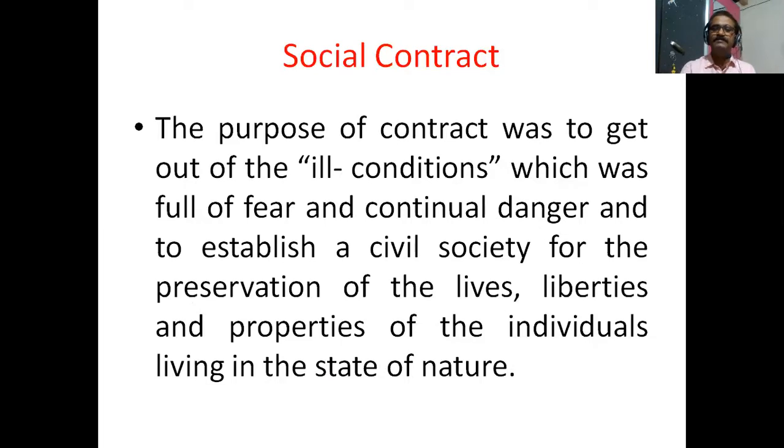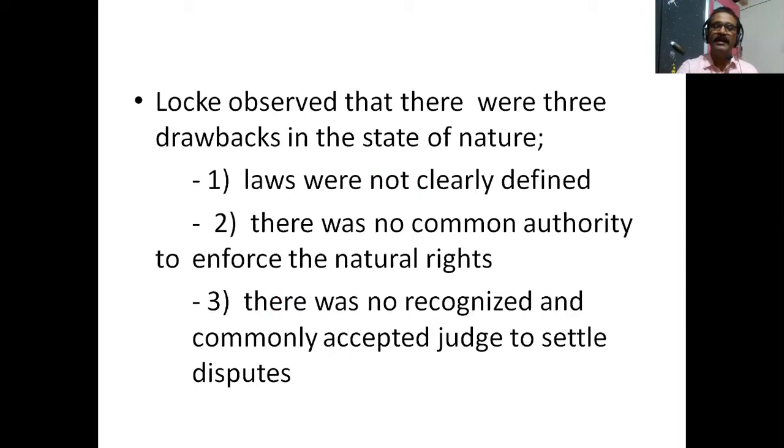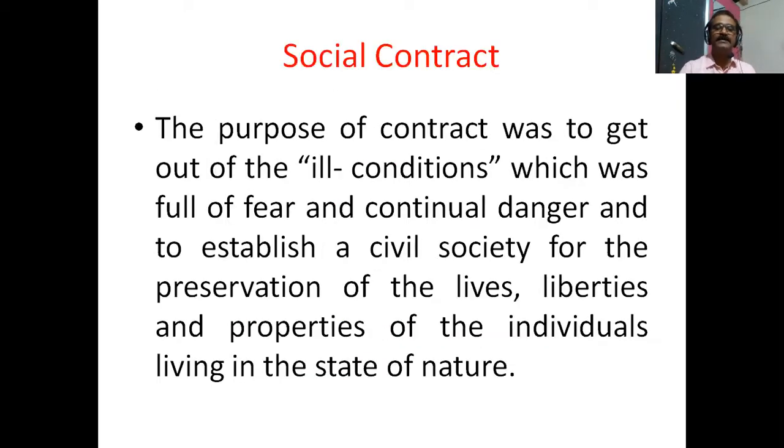And now, we found in the state of nature two things. One is the state of nature was peaceful, and man was peace-loving, and also there were many drawbacks, especially three main drawbacks. So that is the reason why people entered into contract.